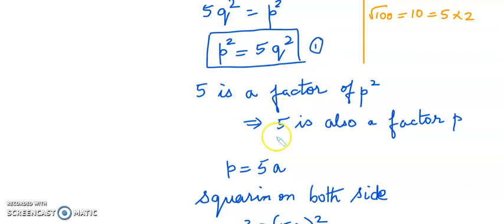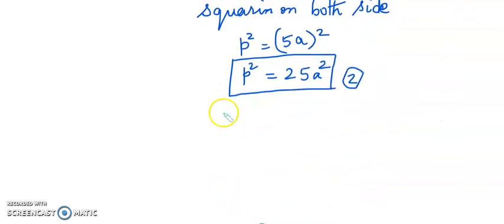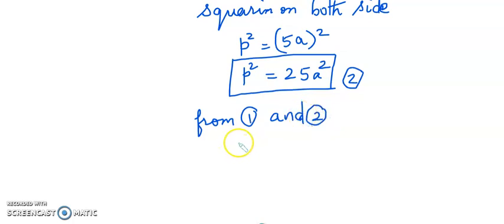So from these two equations, 1 and 2, both are p square, so both the right hand sides will be equal. That means we can say 5 q square equals 25a square. Now we are going to take the 5 to the other side, so that will divide.